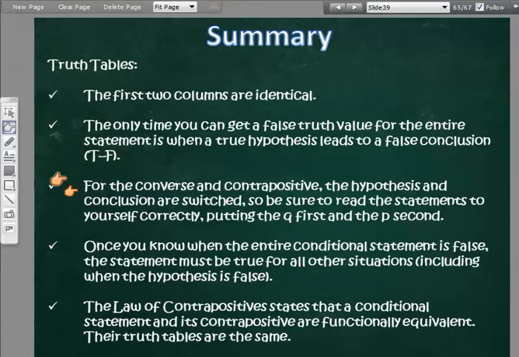Once you know when the entire conditional statement is false, the statements must be true for all other situations, including when the hypothesis is false. And remember, the law of contrapositive states that a conditional statement and its contrapositive are functionally equivalent. Their truth values are the same.